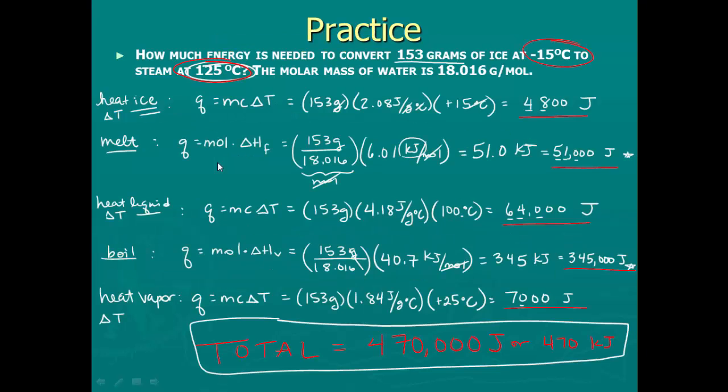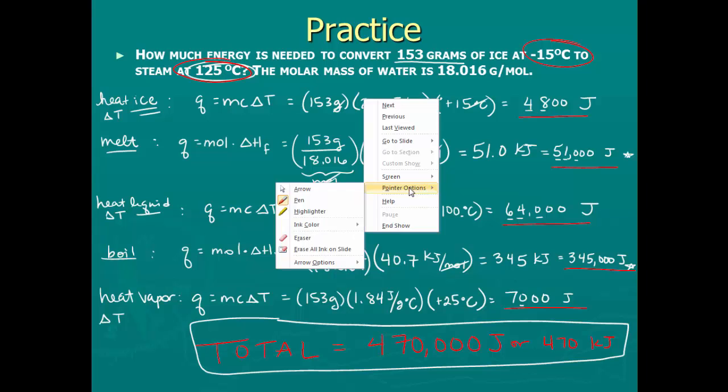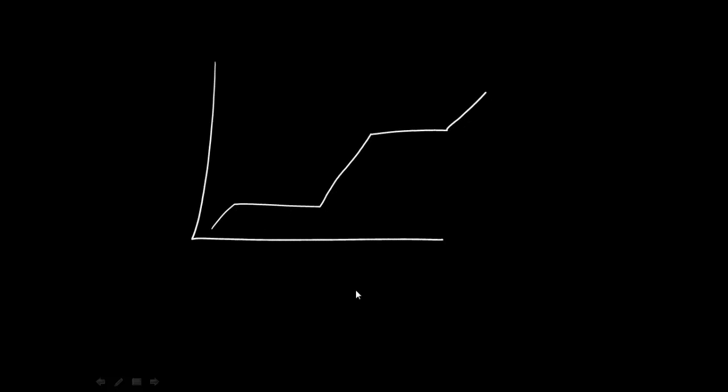All right, so if you can do a problem like this, you can do any heating curve problem. If you think about it, not all situations are going to require 5 calculations. If we had a problem that started us at room temperature, let's say 25 degrees Celsius, in water, and we want to boil it and heat up the vapor and maybe end up at, let's say, 125 degrees Celsius.